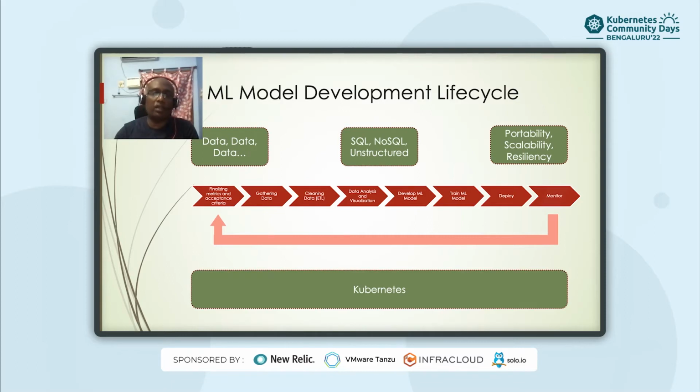Gathering data, cleansing the data, transforming the data, analyzing the data, and sometimes visualizing the data. And you need a whole bunch of data store technologies, be it SQL, NoSQL, or storing unstructured data. It all depends on what type of use case that you are developing using your machine learning.